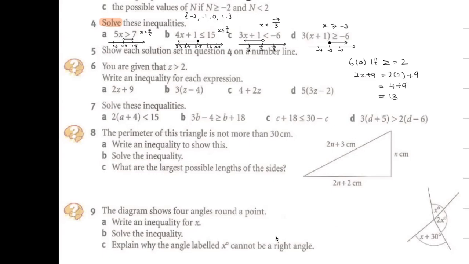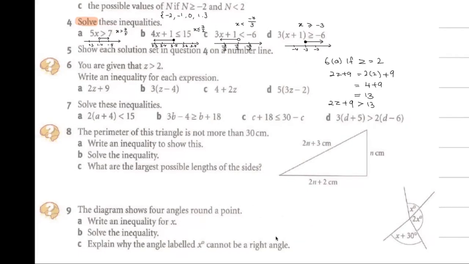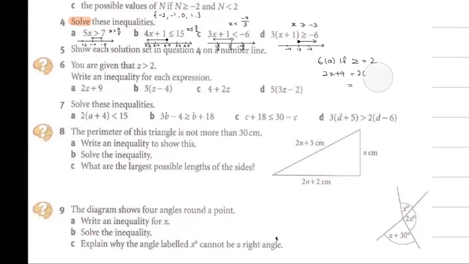If z is equal to 2, the equation will give me an answer that is 13. So 2z plus 9 should be more than 13. Because when z is equal to 2, the answer is 13. So if I put it inside this equation, at the end of the day, it should be more than 13. That's how it works. So let's move to the next question.